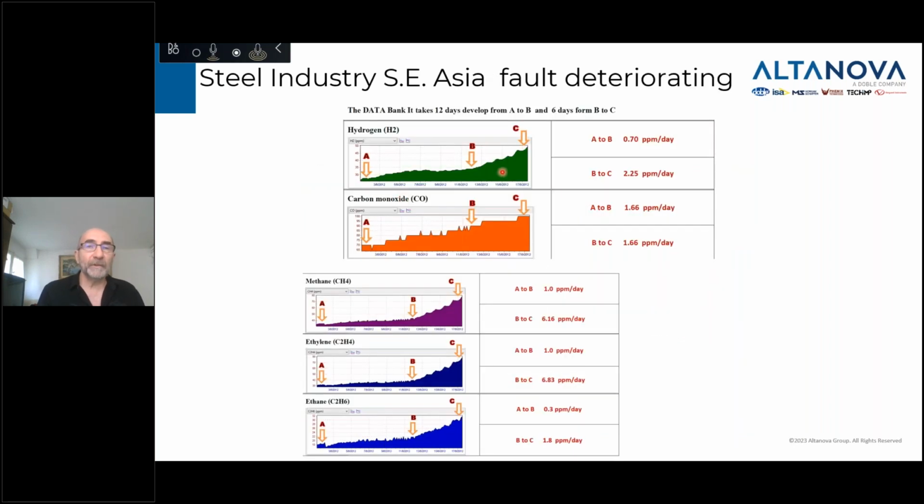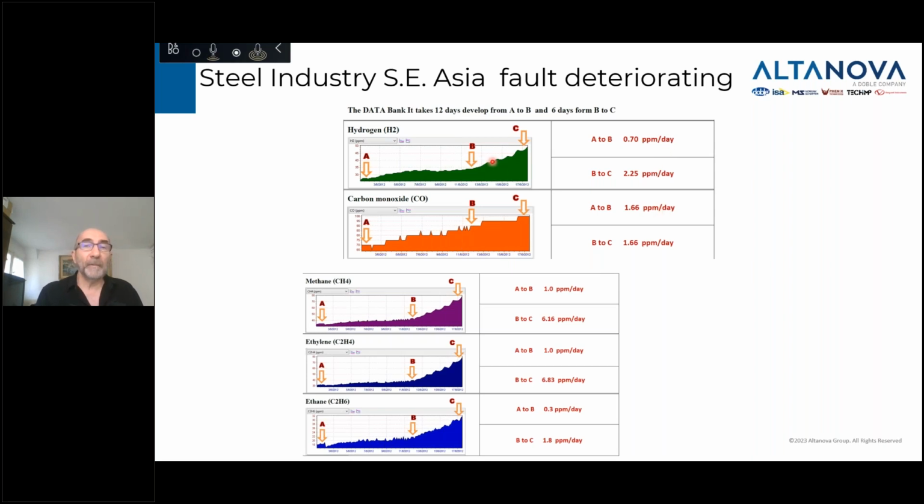First, because the system shows you a change in the behavior of the fault. If you look from time A to time B, the rate of generation of those gases was pretty low.